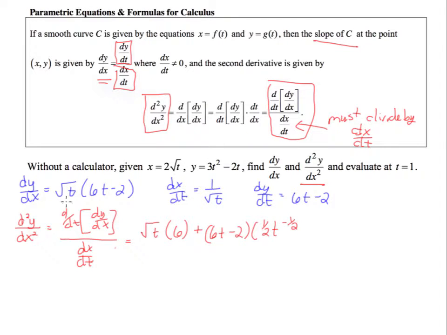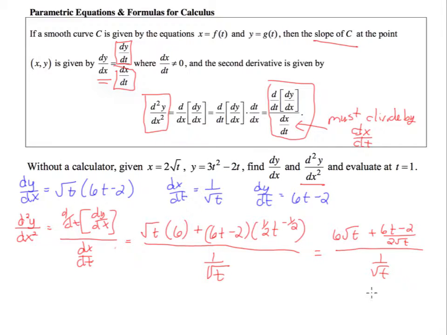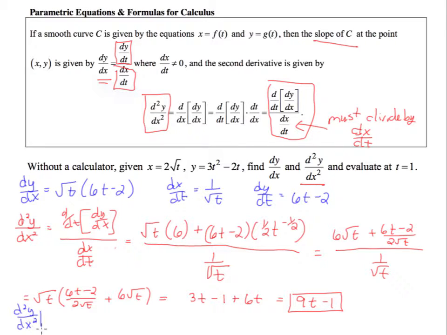And then I'll just copy down my dx/dt and simplify down the expression. We end up with 9t minus 1. Then evaluating the second derivative at 1, we get an answer of 8.